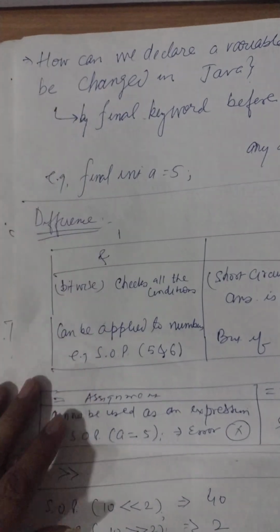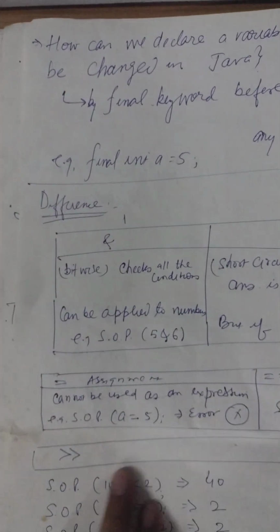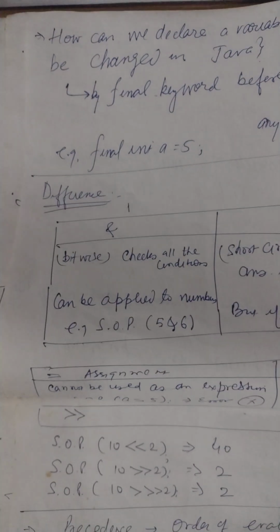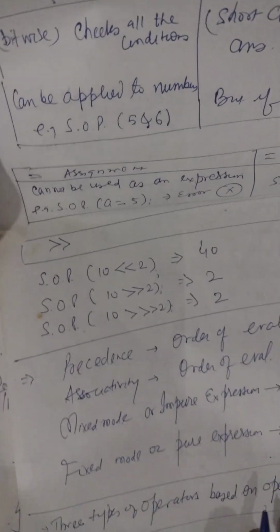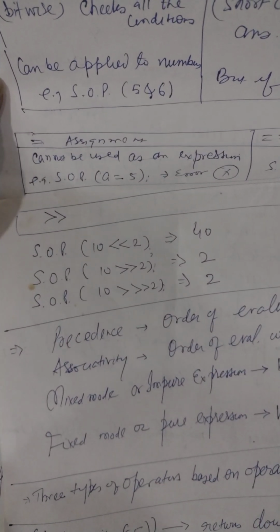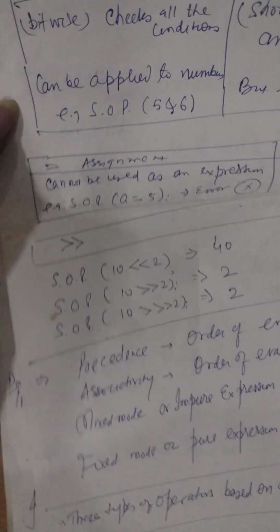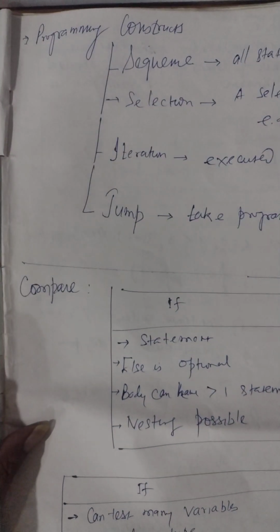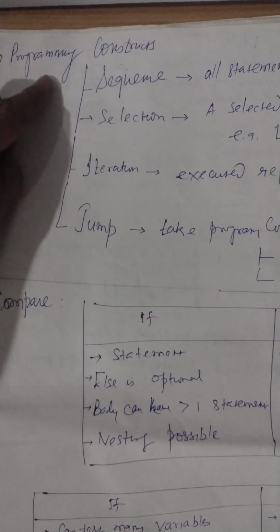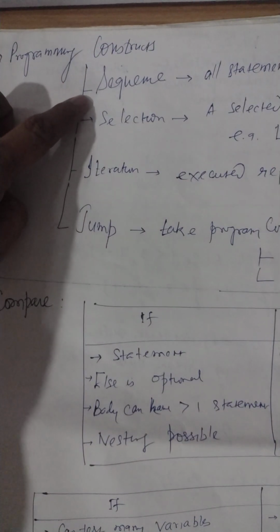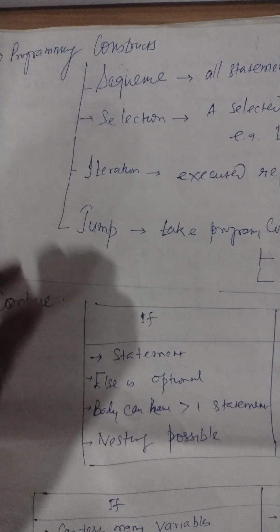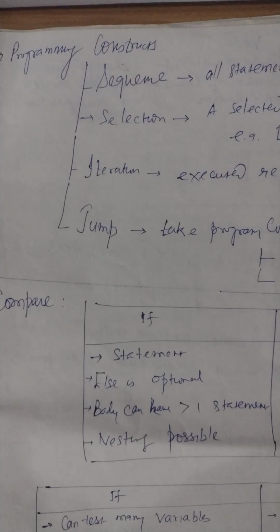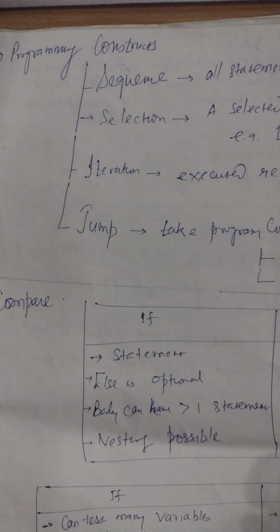Okay, variable declaration, what is the difference between these two, right? So see this, you can also write your program like this, such a big chart, so that it becomes very easy for anyone to remember it. What are the programming constructs, like sequence, selection, iteration, jump, comparison, if and switch, right?